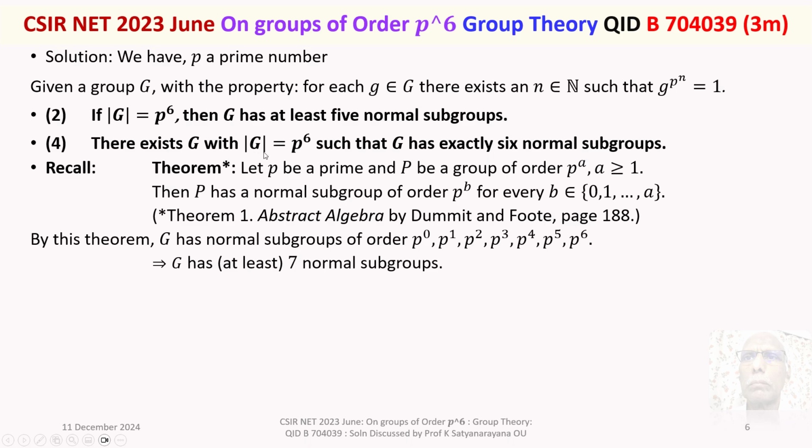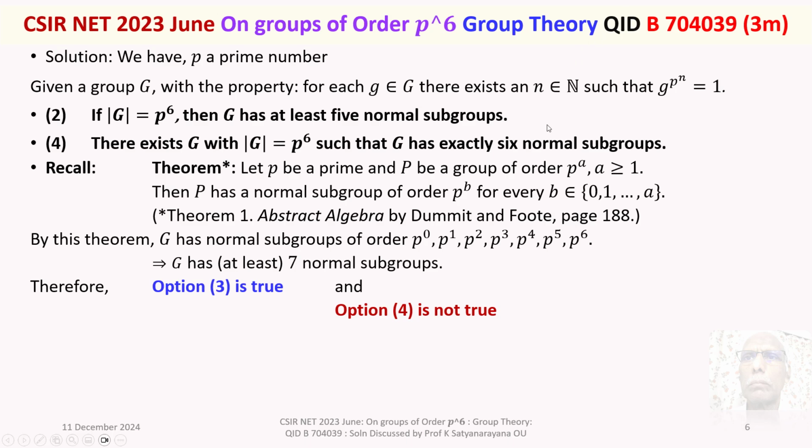Therefore, option 4 is not true. So option 3 is true and option 4 is false, not true.